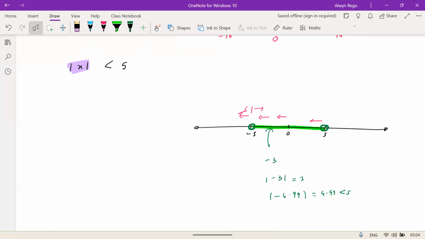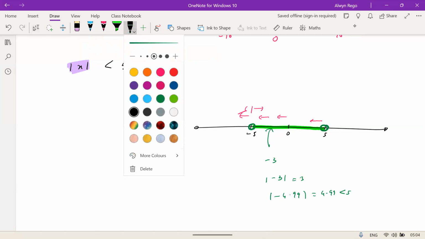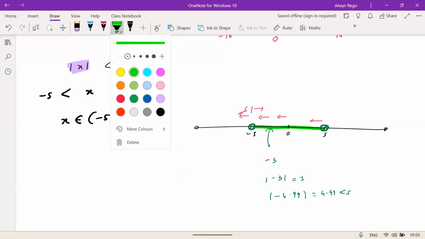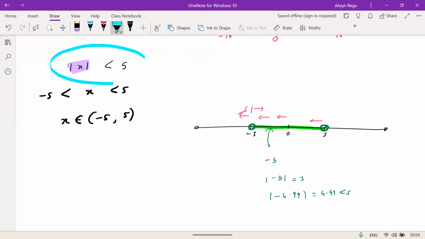So I can say the conclusion here is x must be less than 5 and more than -5. So I can say x belongs to -5 to +5 as an open interval.